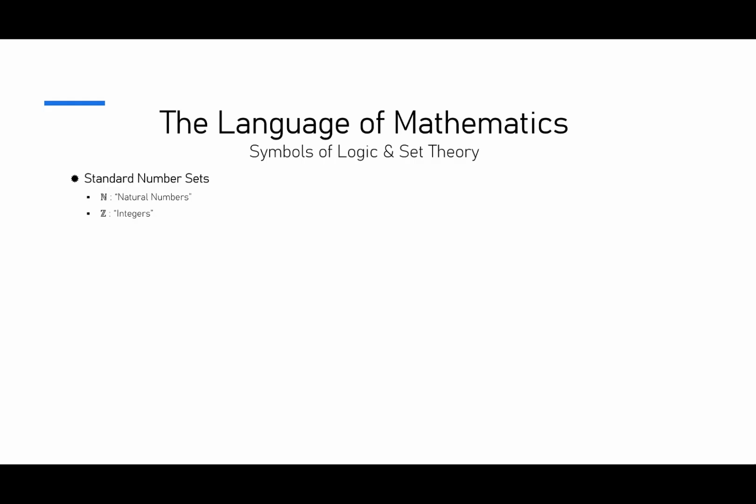The double struck Q stands for rational numbers, any number that can be expressed as a simple fraction, where the numerator and denominator are integers. The bold R represents real numbers, the set containing all rational and irrational numbers, covering every point on the continuous number line. Finally, the C with a double stroke represents complex numbers, the most comprehensive set, which includes real numbers and those with an imaginary component.